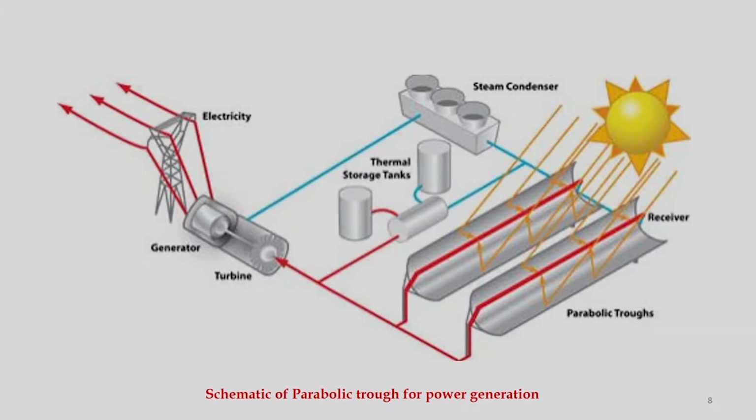And this is a plant showing how solar radiations can be used for heating the fluid and then that heat can be used for expanding in a turbine and we can generate electricity. We can couple a generator with the turbine shaft. Okay.